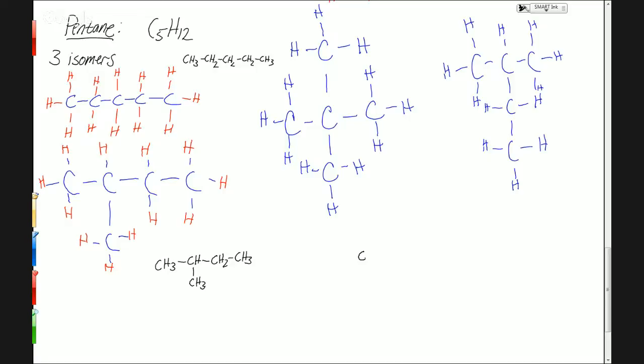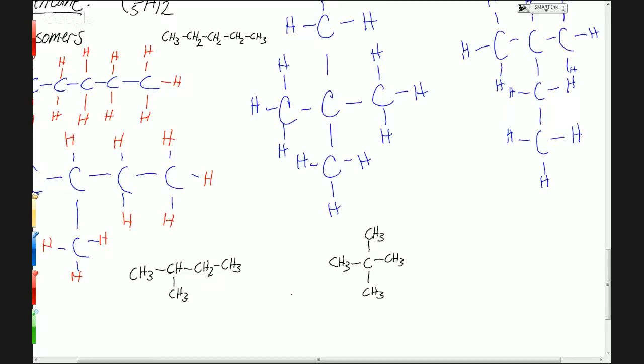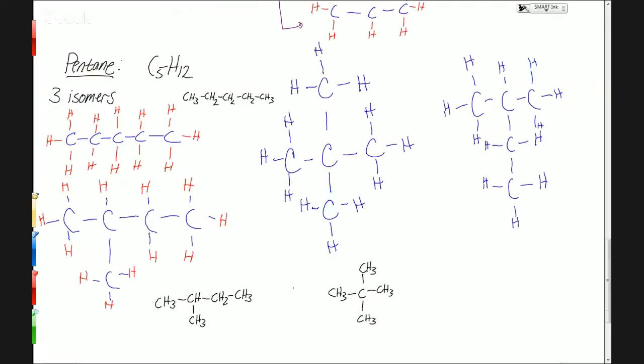And then this one here, like that. All right, so let's look at this fourth structure. Oops, I'm going to put that in my condensed structure also.